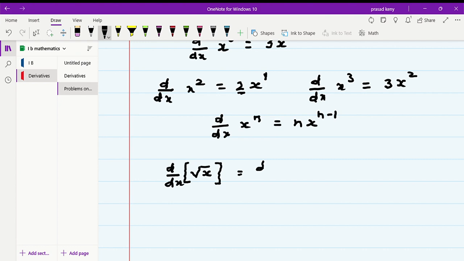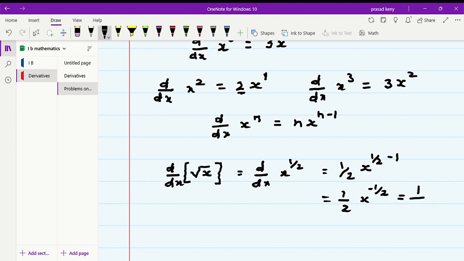So root x, I can write it as x to power half. So using this formula, half has come down, x power will reduce by 1, so that will be half times x to power half minus 1, that is negative half, which can also be written as 1 upon 2 root x.